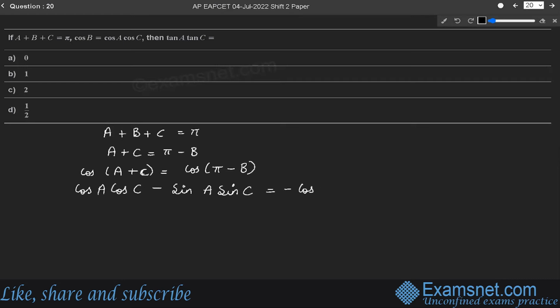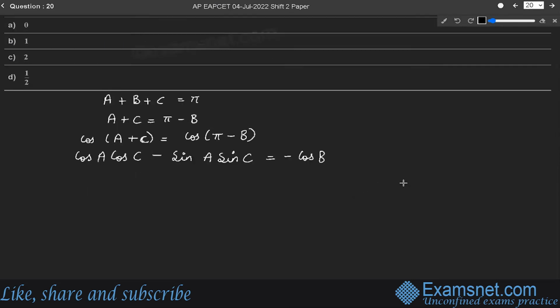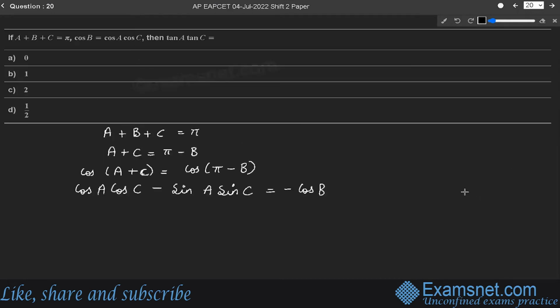So it will be minus cos B. On further solving, it can be written as, see, a value is given in the question which is cos A into cos C is cos B. So here cos A into cos C will become cos B minus sin A sin C is equal to minus cos B.